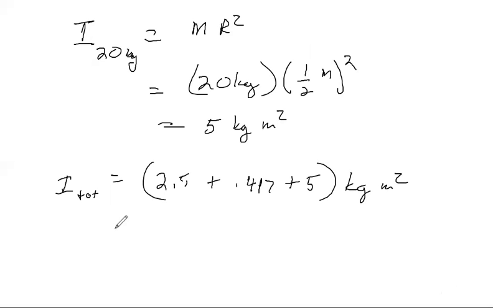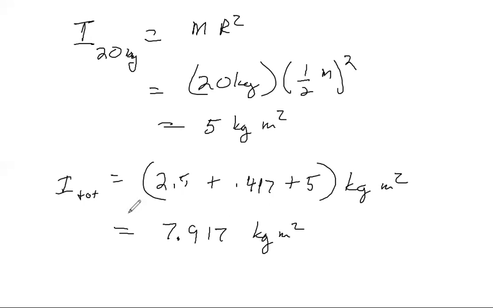And assuming I've done all that right, I get 7.5 plus 0.41 equals 7.917 kilogram meter squared. Amazing. Works out just right.